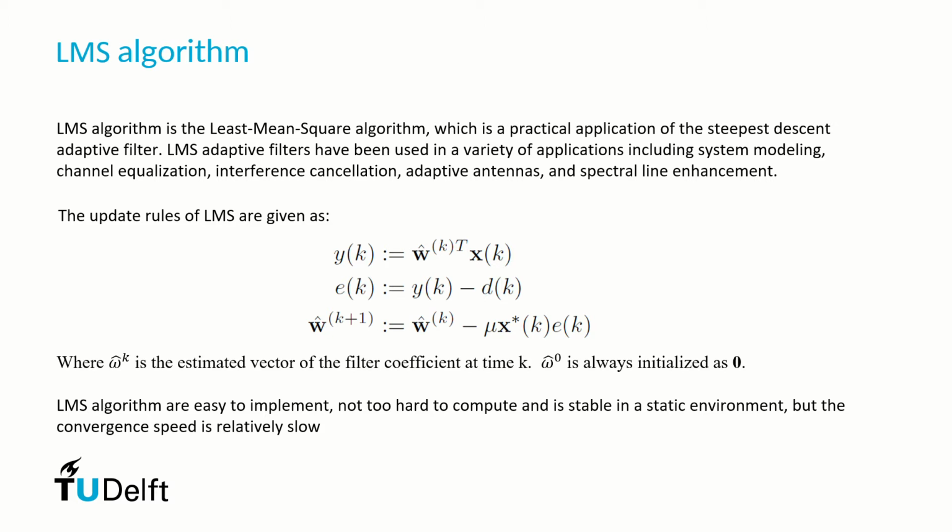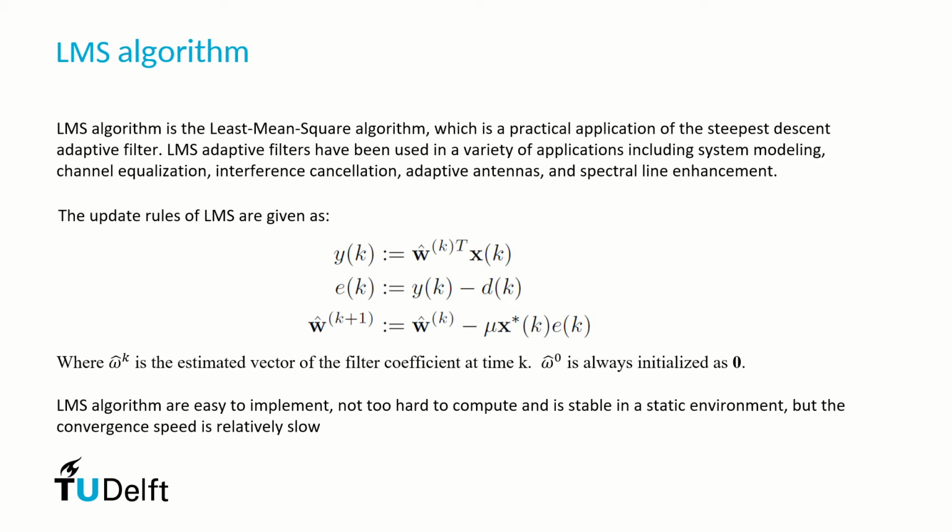The first is the LMS algorithm. The LMS algorithm is the least mean square algorithm, which is a particular application of the steepest descent adaptive filter. LMS filters have been used in a variety of applications, including system modeling, channel equalization, interference cancellation, adaptive antennas, and spectral line enhancement.